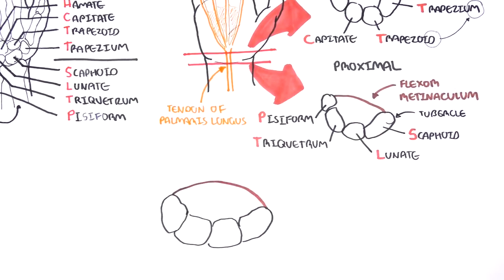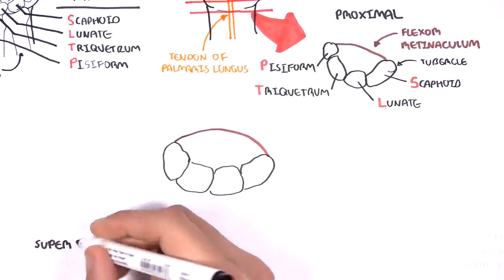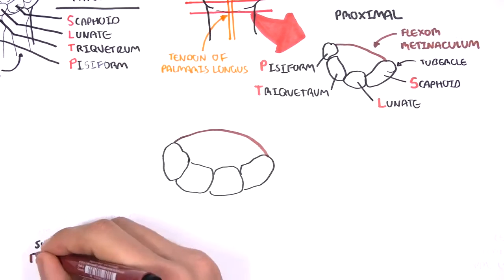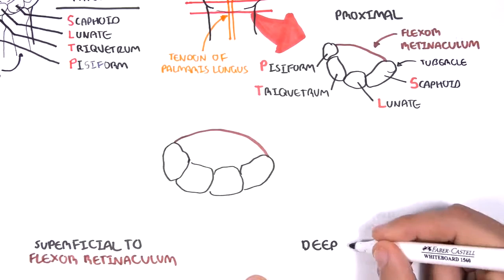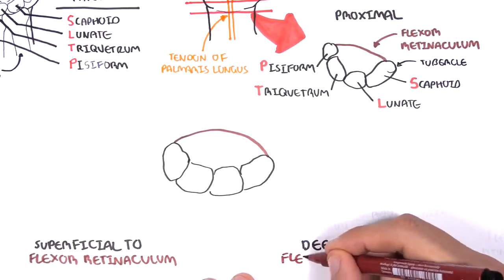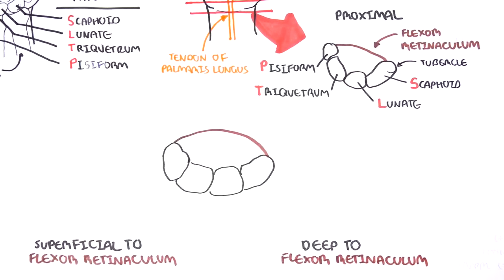Let us now look at things that run superficial to the flexor retinaculum and things that run deep to the flexor retinaculum. Let's begin by looking at the deep structures. There are many structures that run deep to the flexor retinaculum.